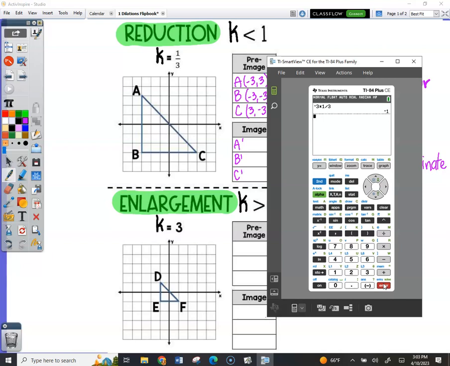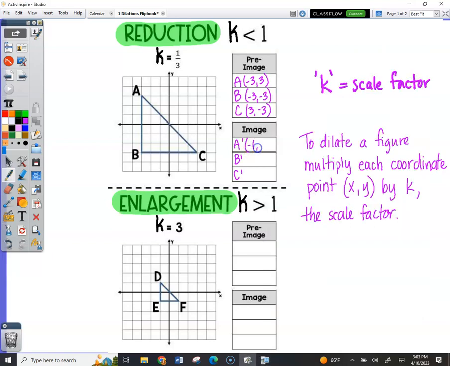Or you can do -3 times and then do alpha y equals and do 1/3. Either way works. All right, so the x coordinate for A prime is -1. What's the y coordinate? You get it the same way. You're going to take +3 and multiply by 1/3 and you get 1.